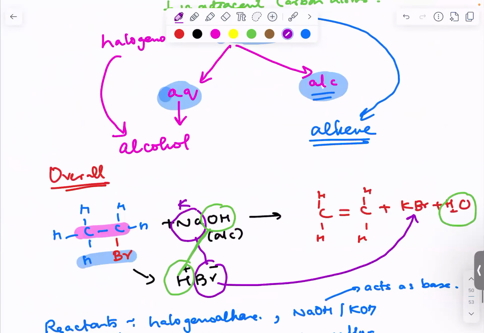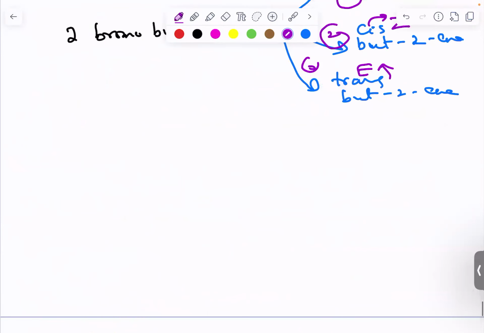Now, the last topic, how halogenoalkanes affect the environment. So, effect on the environment.